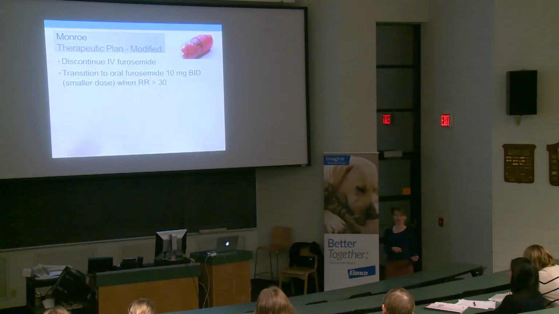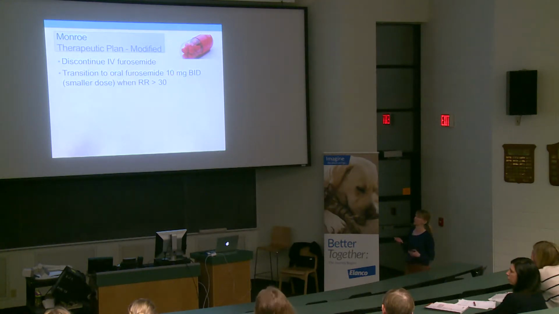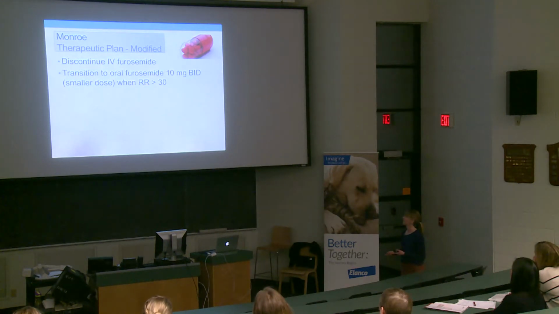He was getting 2 milligrams per kilogram. He's a 6.6 kilo dog. So we were going to go to something like 10 milligrams. We're very limited with tablet sizes, unless we go to a liquid, in the dose we can achieve. So we thought 10 milligrams twice a day at the most when his resting rate starts to climb again.